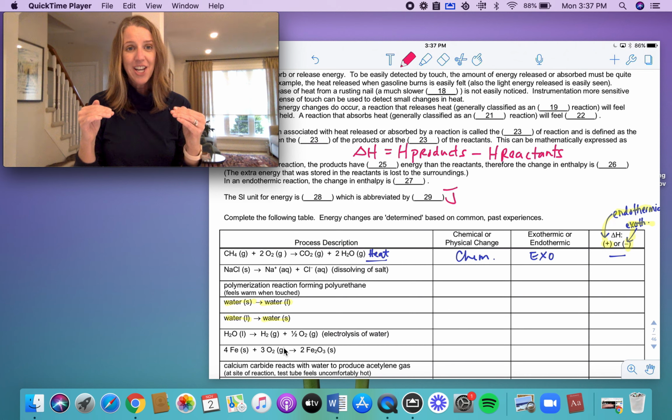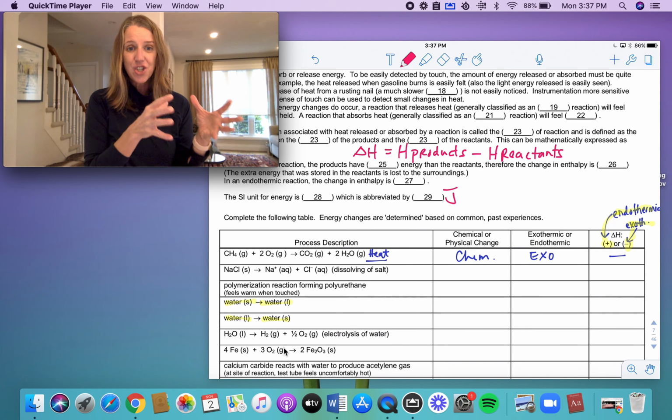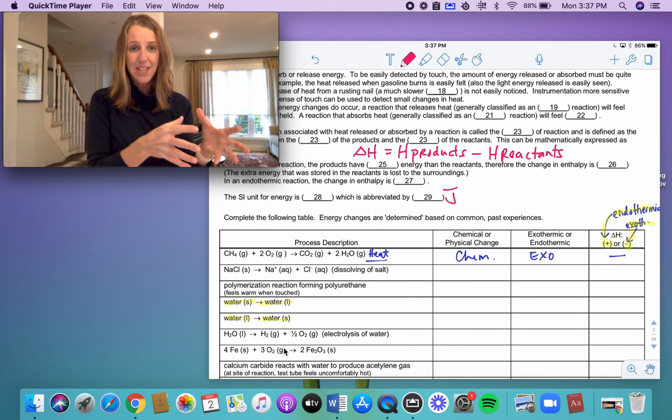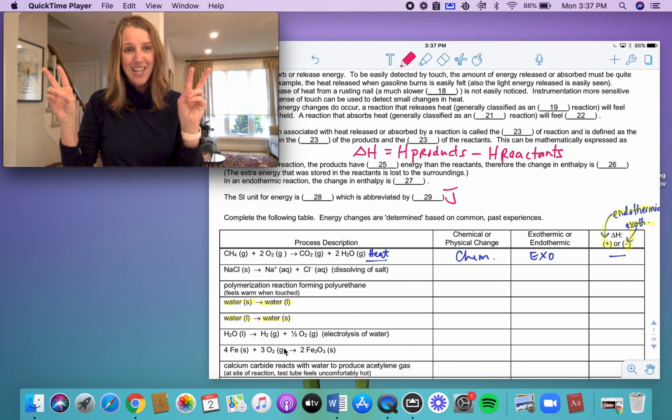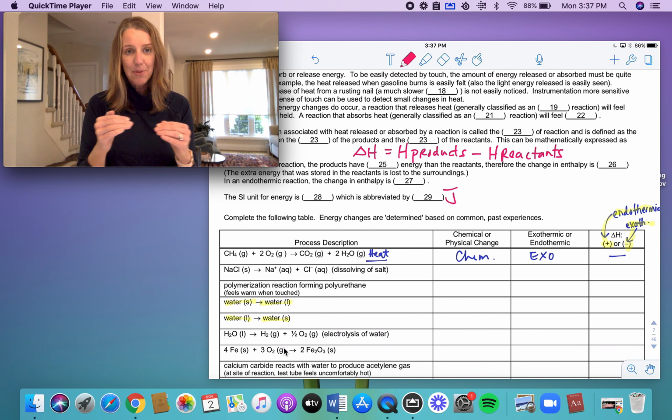What would you find? You'd find that there's certainly more energy in total in the bonds of the reactants than there is in the products. So therefore the excess energy is on the product side. And in a chemical equation, that shows up as heat being released, and it is an exothermic reaction.